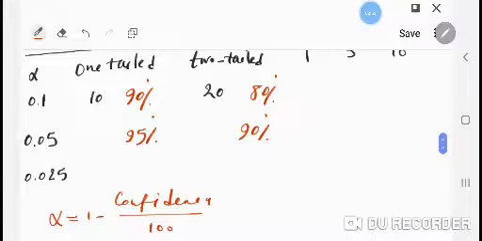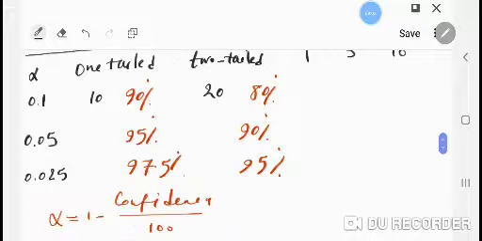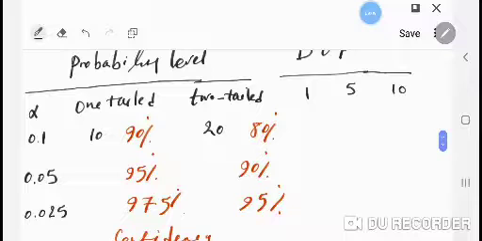And this is 95%. The probability levels are 5, 2.5, 10, and 5%.